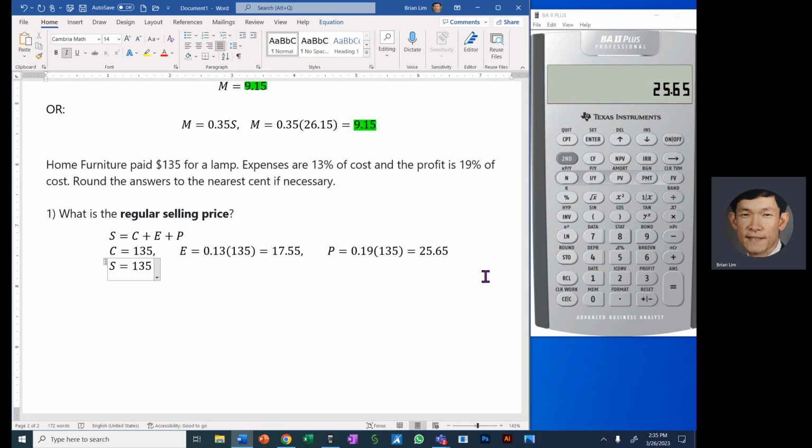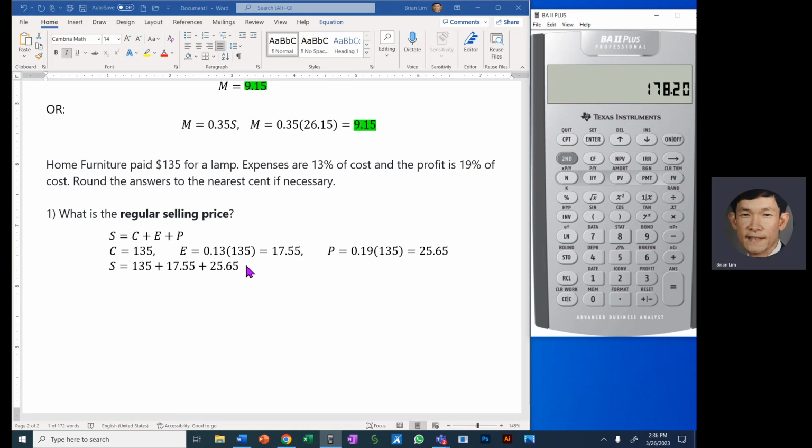It's 135 plus 17.55 plus 25.65. We have the 25.65. Let's add these other two numbers now. So plus 17.55 plus 135.